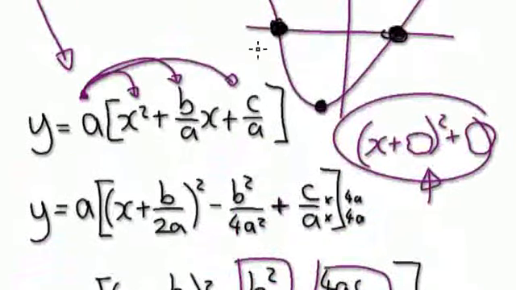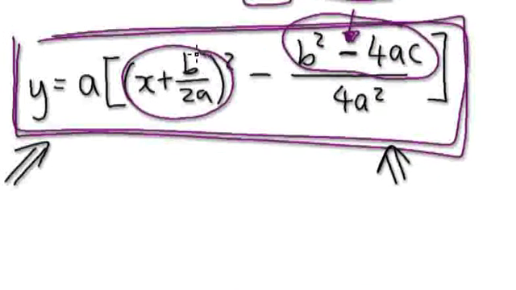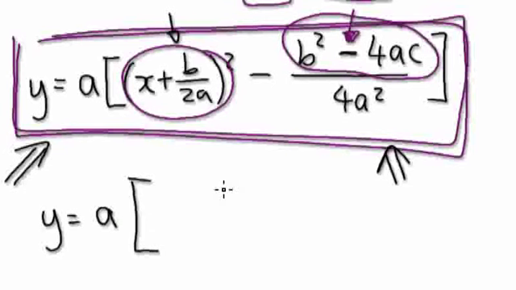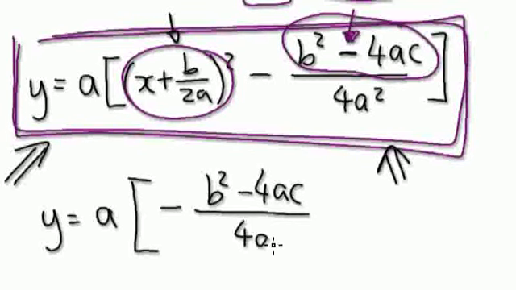So make this bit here 0. So all you will have left will be minus b squared minus 4ac over 4a squared.